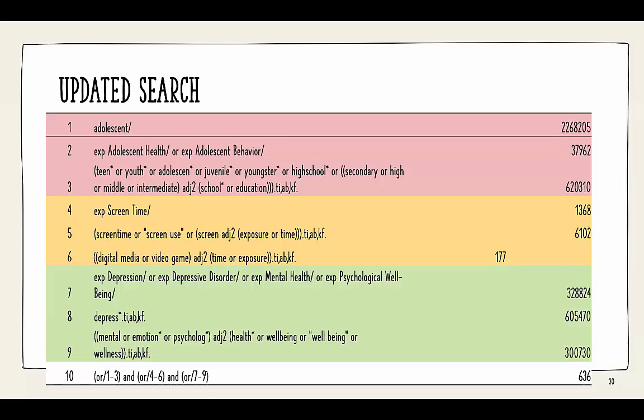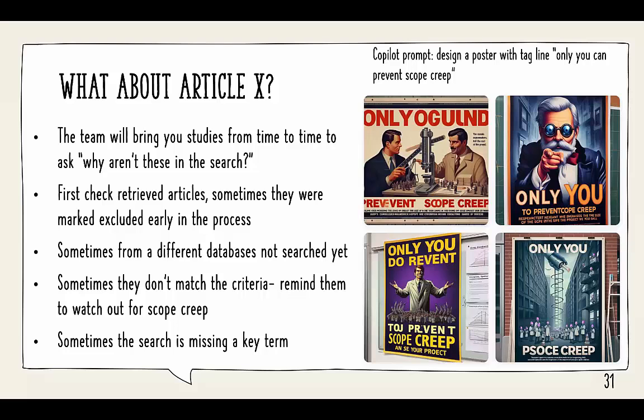In this example, I'm just making up that they said, oh, let's include all things about mental health. And so I started adding in those things. And so you can kind of see some of that work there.